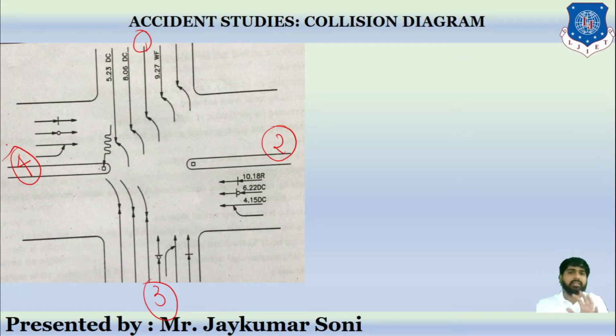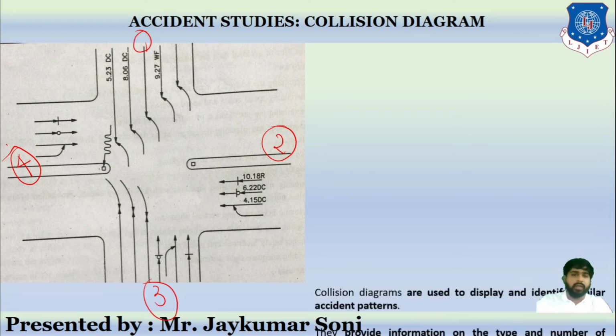So this is how an accident collision diagram looks. You can observe road number 1, road number 2, road number 3, road number 4. There are various kinds of marks provided, such as an arrow going in this direction, and this is what you have learned actually. But let us learn to interpret this diagram.